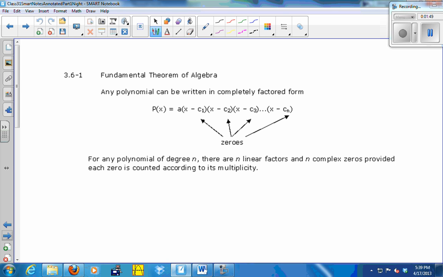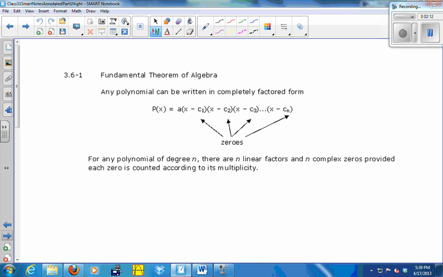So the fundamental theorem of algebra is similar. It says that you can take any polynomial and write it as a product of linear factors. You can write any number as a product of irreducible things, and you can write any polynomial as a product of irreducible things. So linear factors are the irreducible things here.